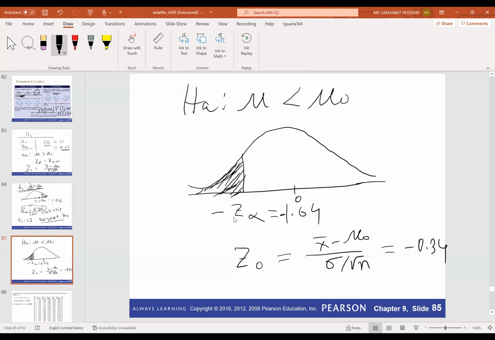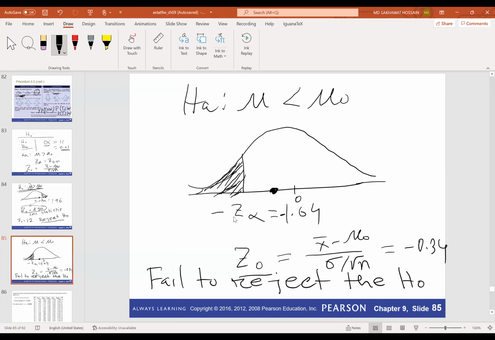So where is negative 0.34 located? It should be somewhere here, right? So that means this value, the test statistic, is outside the rejection region. So in this case, we fail to reject the null.